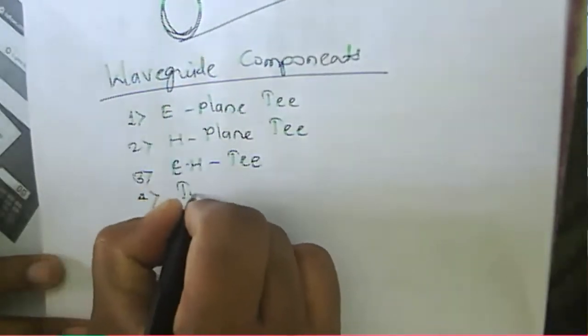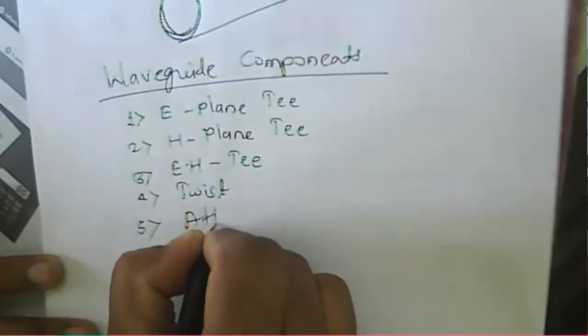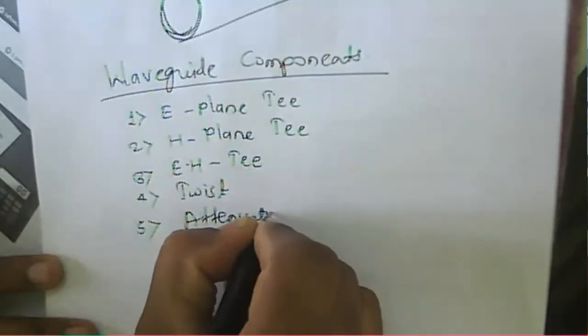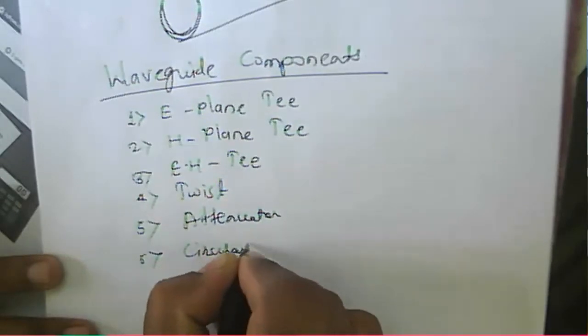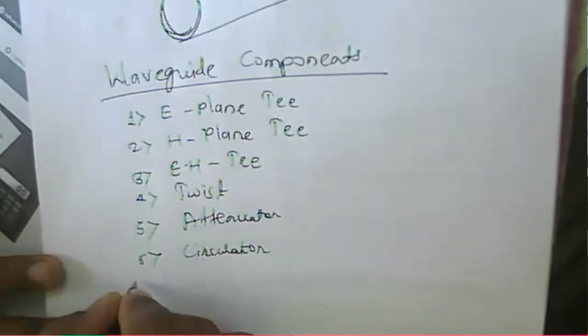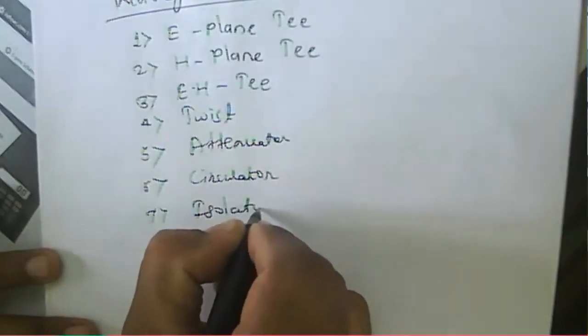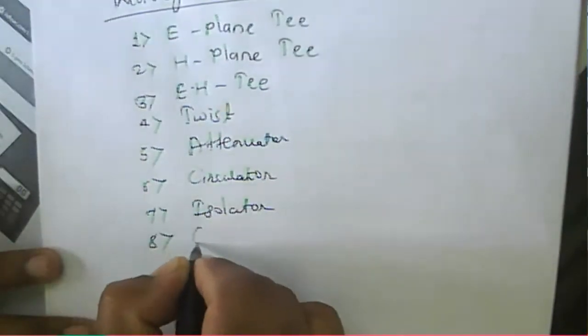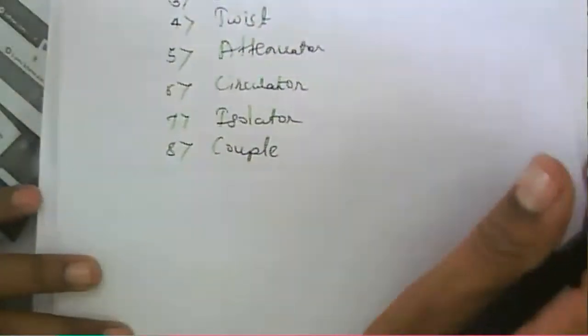Then we can consider the twist, then the attenuator, then the circulator, then the isolator. Then we'll see the coupler, multiple directional coupler. Now these are the various components to be learned.